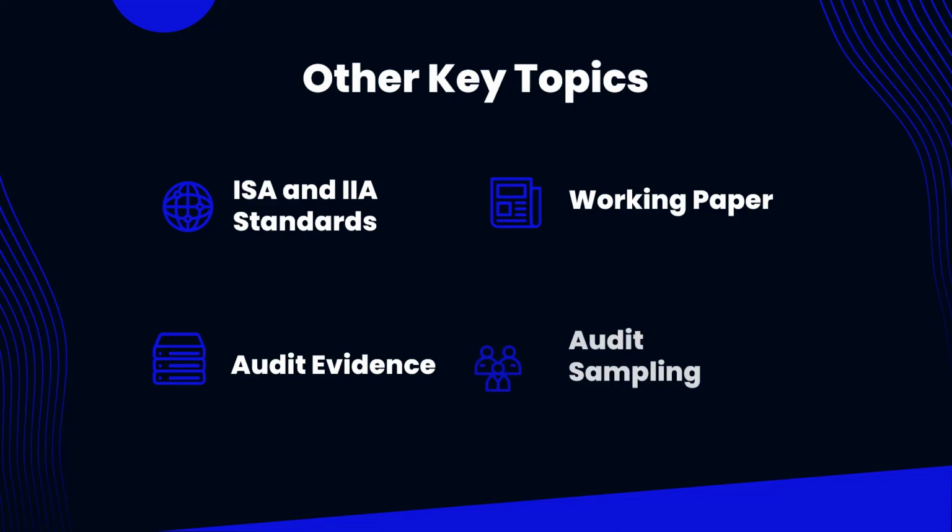Okay, so another one is audit sampling. And this is very important, and it's essential in every auditor's work. Audit sampling is the process of selecting and testing a subset of items from a larger population of data to obtain audit evidence.